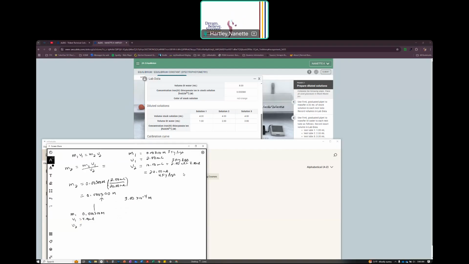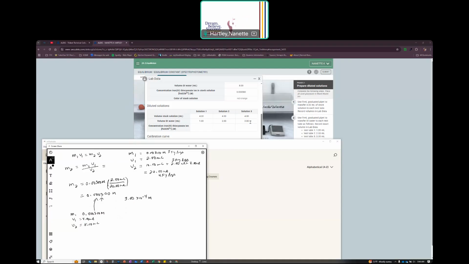We calculated that right there. Okay, so we know that that's it. And the total volume for each of these test tubes is going to be a little bit different. So for this one, it's going to be 5. For this one, it's going to be 6. And for this one, it's going to be 7. So my total volume here is going to be 5 milliliters.